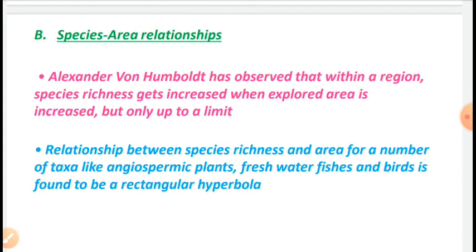So the biologist Alexander von Humboldt proposed this species area relationship: for a number of taxa, like angiospermic plants, freshwater fishes and birds, it is found to be a rectangular hyperbola.